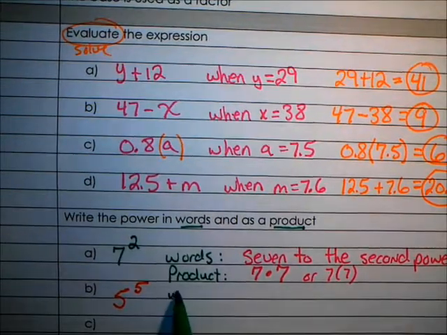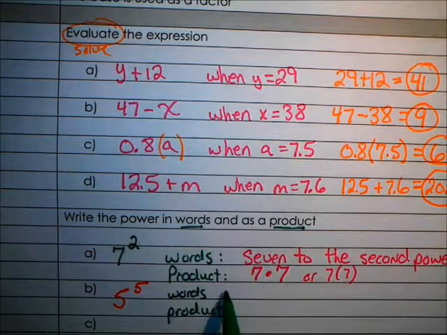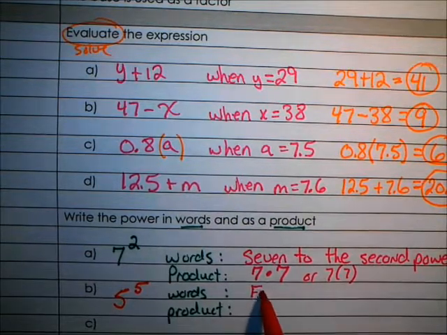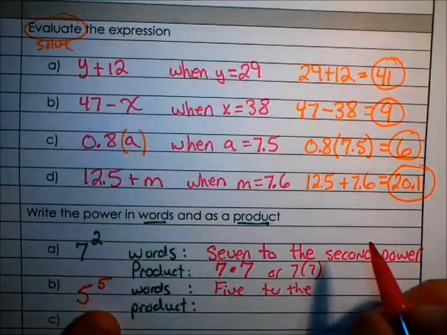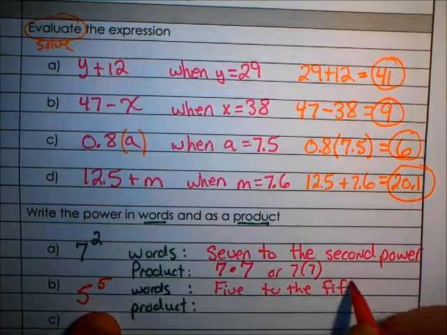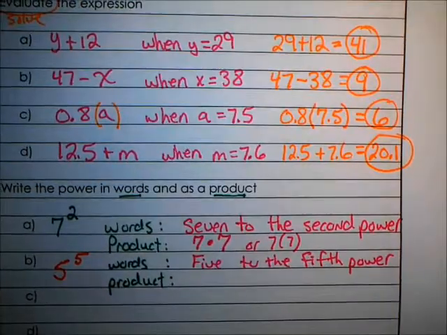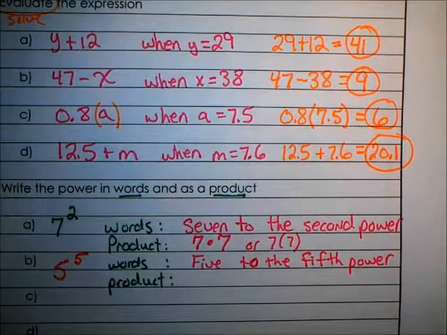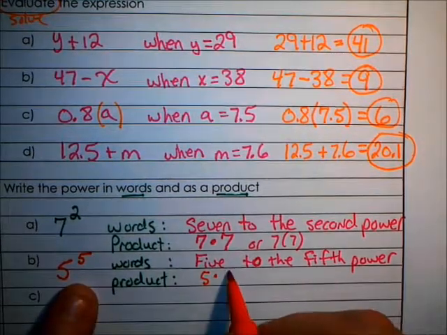So the words when I write it will be 5 to the 5th power. And then the product model of this problem would be a 5, and I have to write it 5 times.